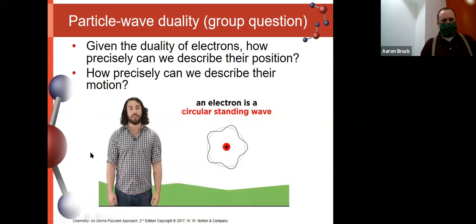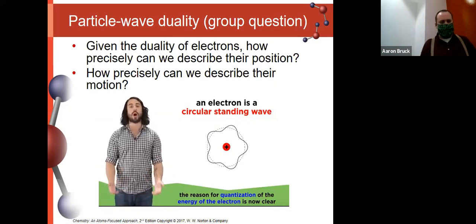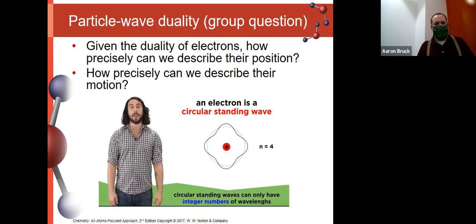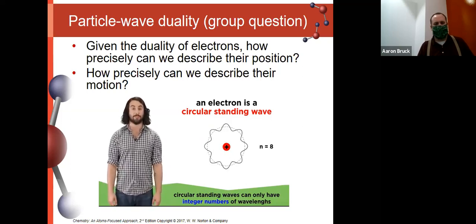Surrounding the nucleus. If we understand this, it becomes immediately apparent why quantization of energy applies to the electron. Because any circular standing wave must have an integer number of wavelengths in order to exist.